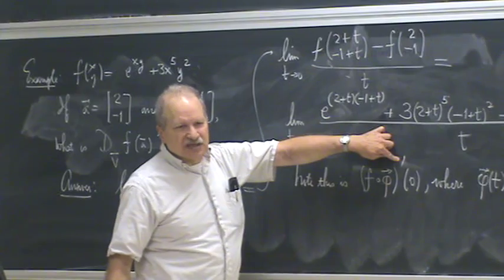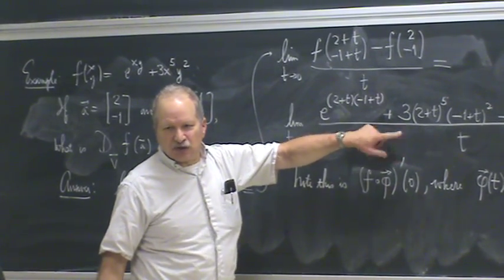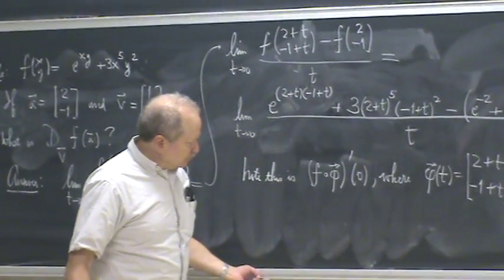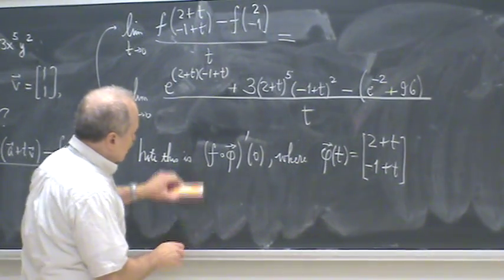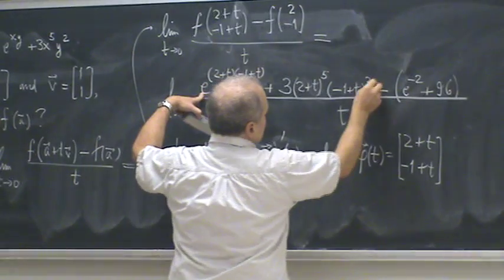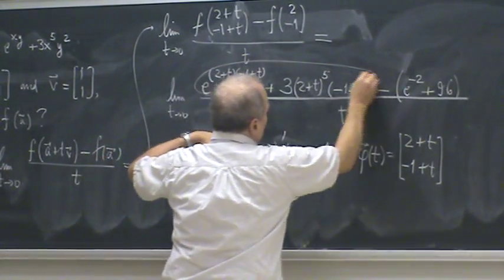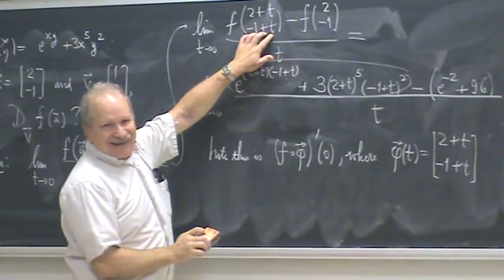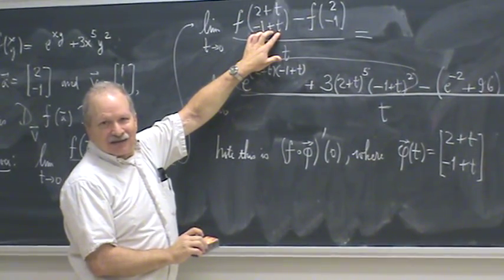So now I'm going to try to use the standard classical derivative notation with a prime when I can. Is this not f of phi of t here? What did I do? I plugged in the point on the line.